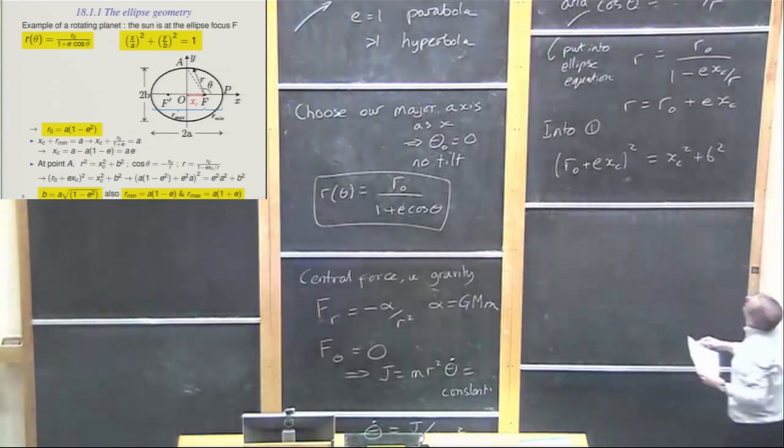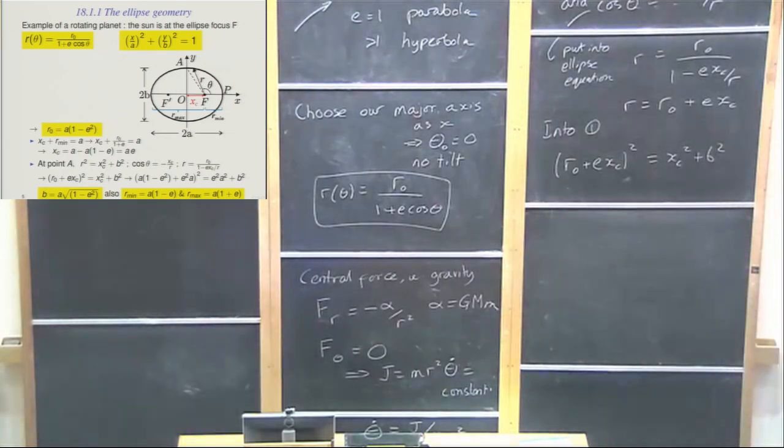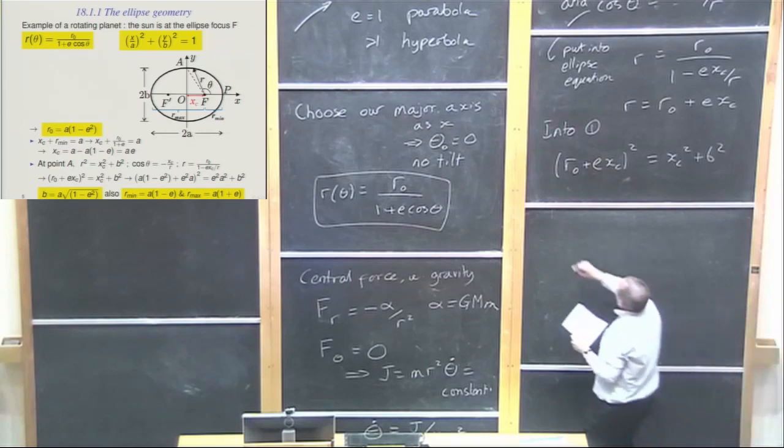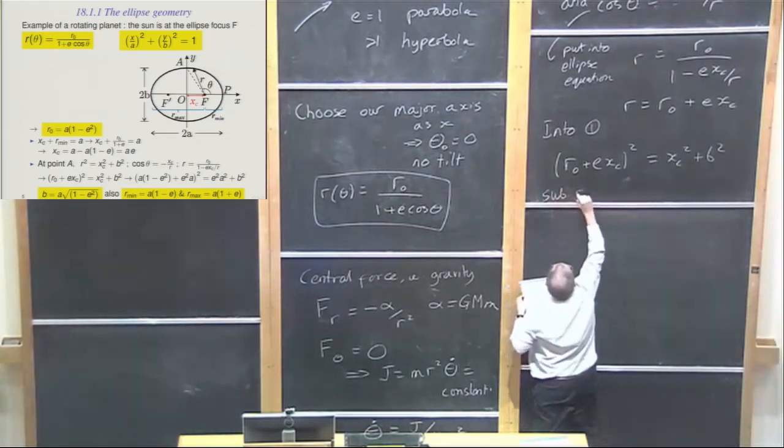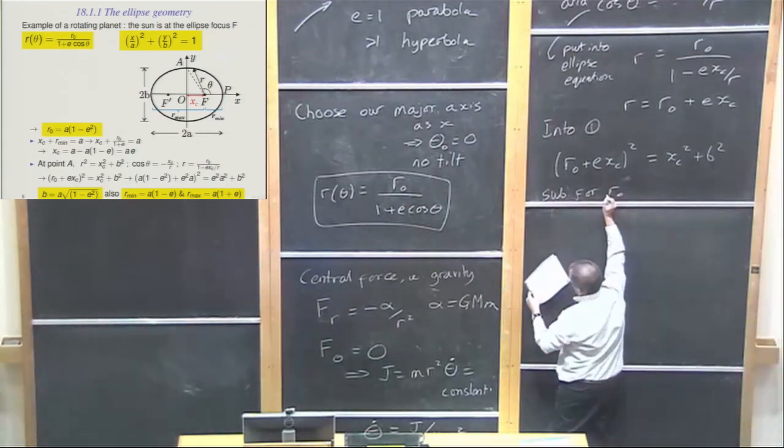Before multiplying this out, I'm going to actually substitute in for r0. So we're going to sub for r0.